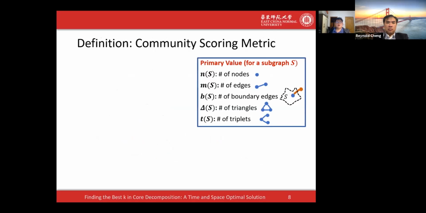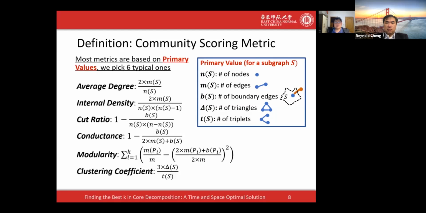We define the community scoring metric based on primary values, and primary values here are the number of nodes, edges, boundary edges, triangles, and triplets. Most metrics are based on primary values, and we pick 6 typical ones here.